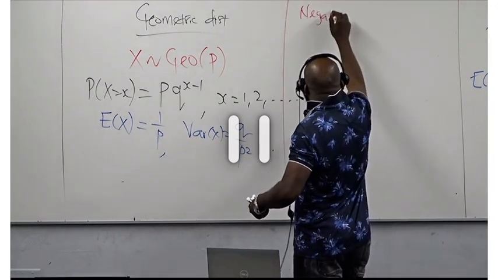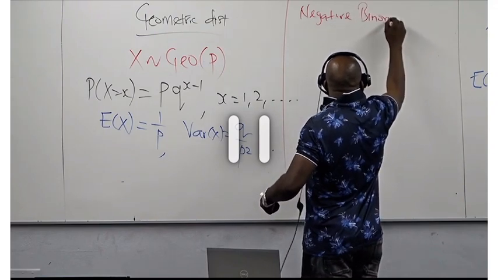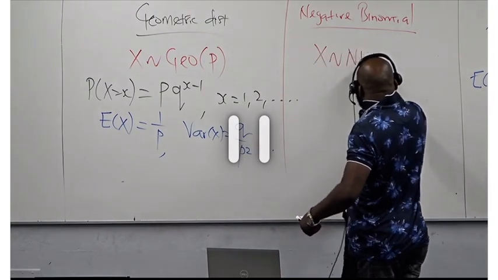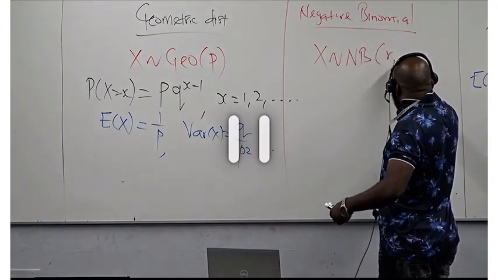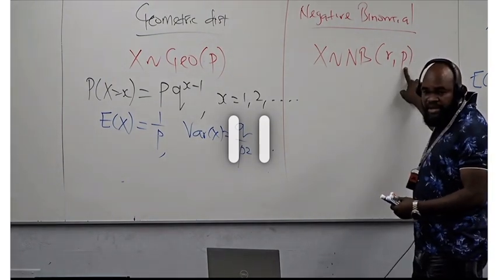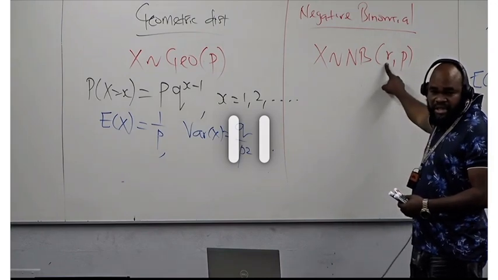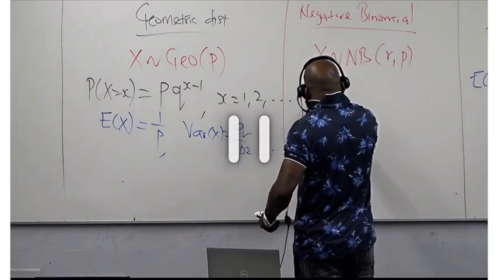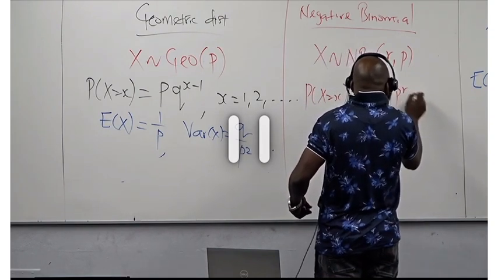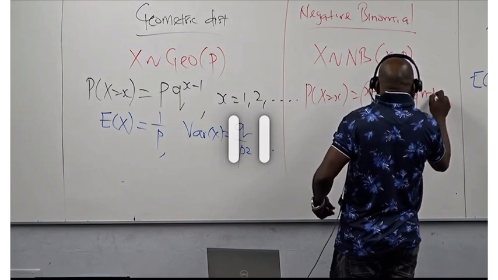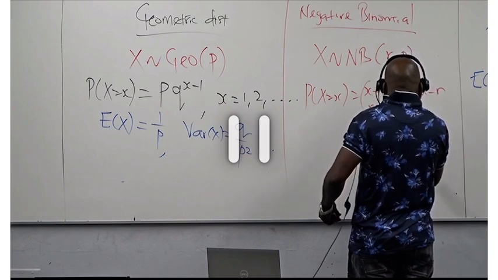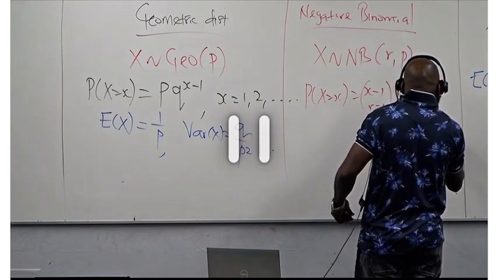So now, how do we write negative binomial? In the negative binomial, we write X follows negative binomial with parameters r and p. P is the probability of success, and r is the number of successes. So the probability of X equal to x is going to be this: p raised to power r, q raised to power x minus r, and x starts from r plus 1, and so on like that.